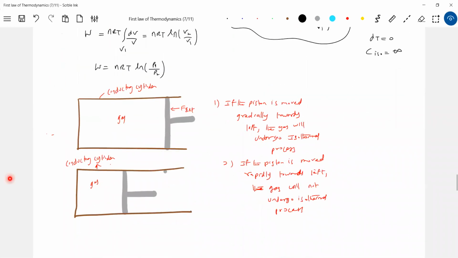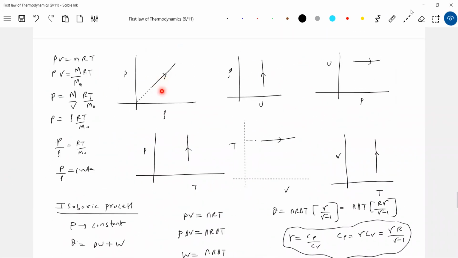What is actually going on here? You have a cylinder and there is a piston. What will happen? You supply heat in such a way that... Okay, this is for the isothermal process.